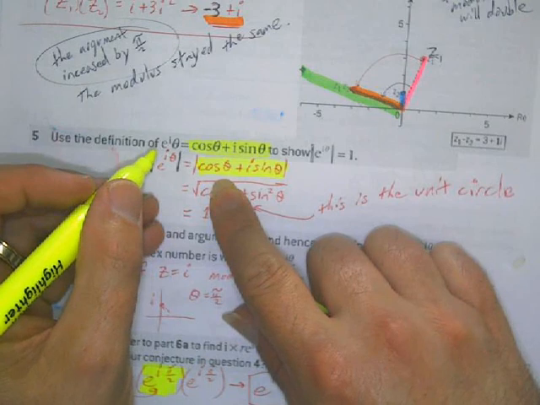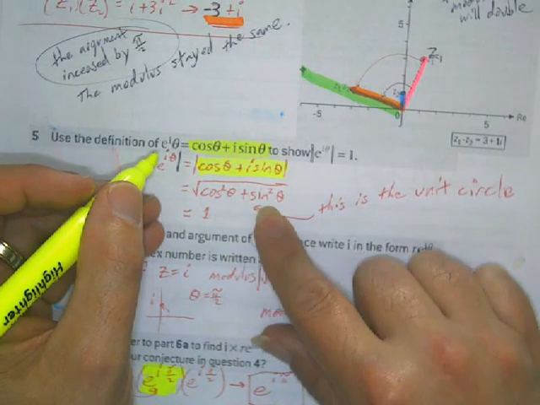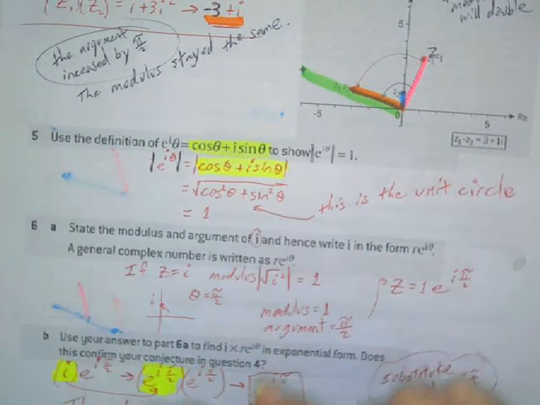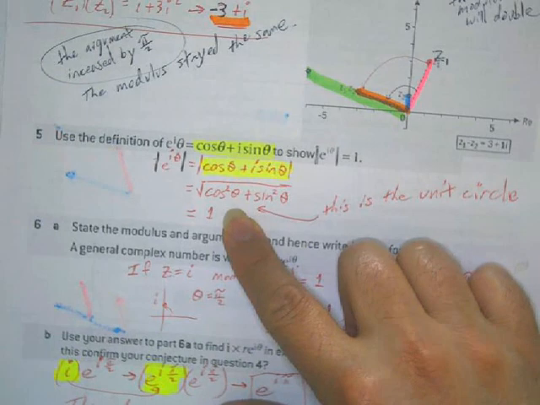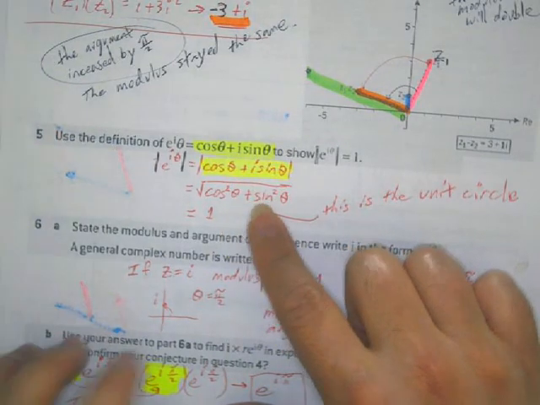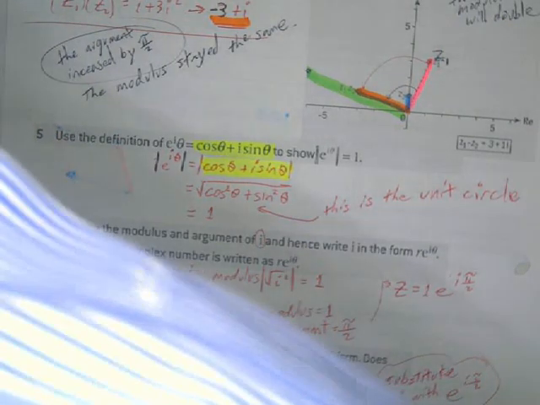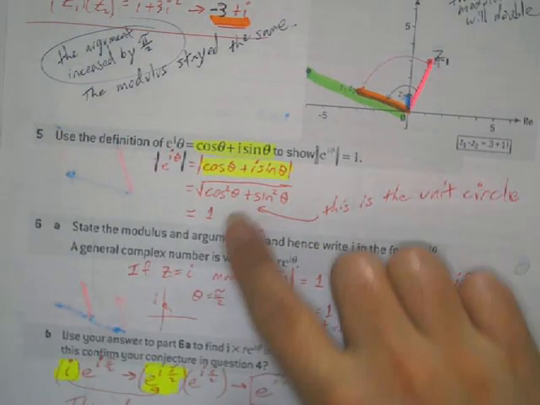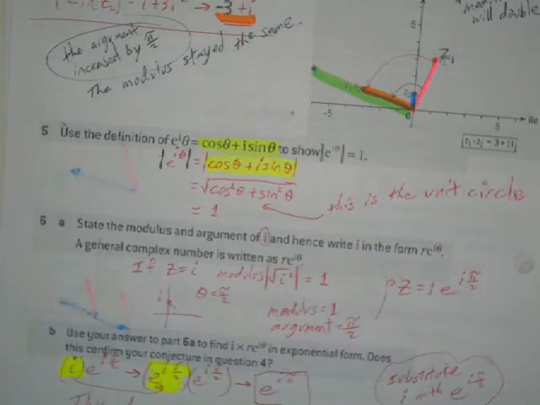So if I have cosine squared plus sine squared, then we know from our unit circle that cosine squared plus sine squared is equal to 1. And is that formula in here? Should be.